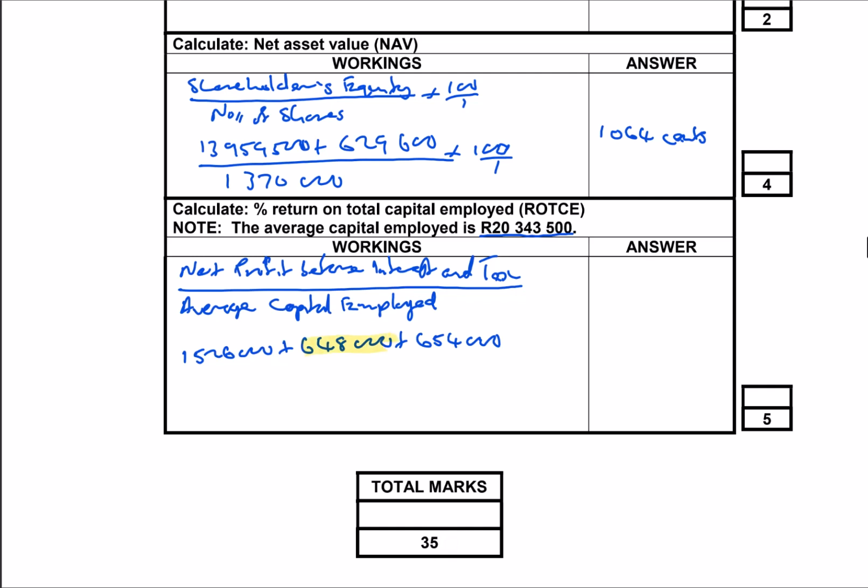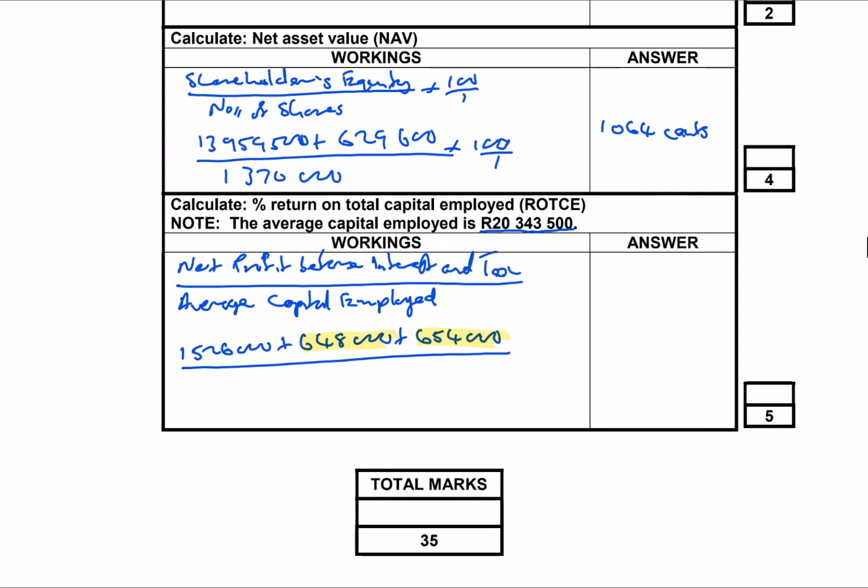That's interest paid, and that's income tax, all divided by 20,343,500, times 100 over 1.